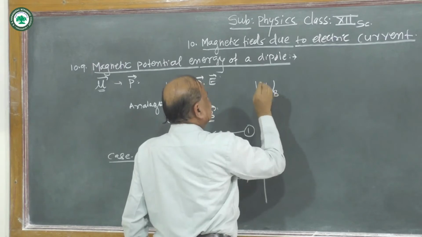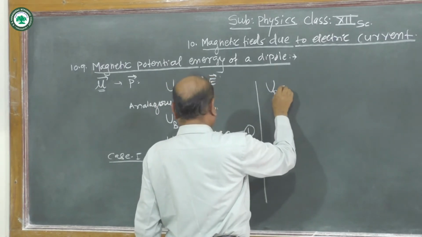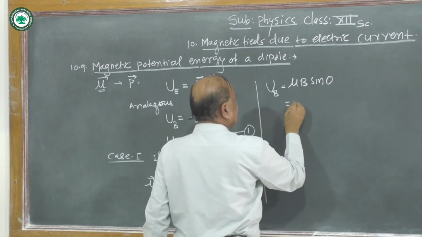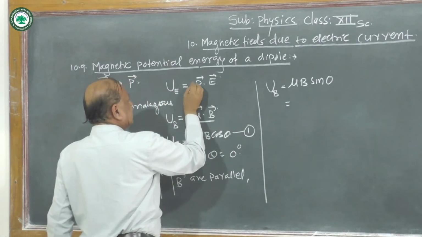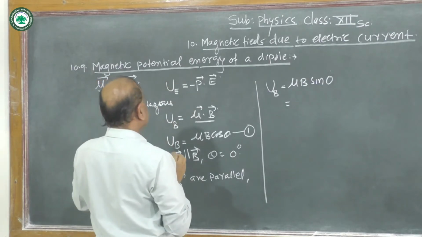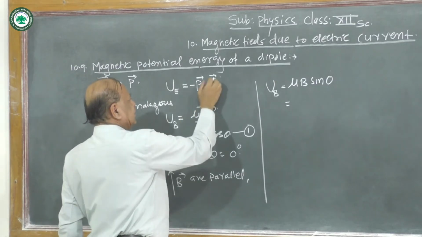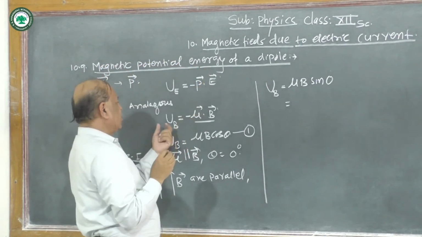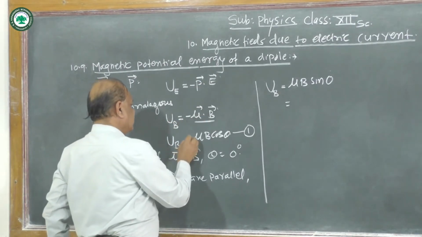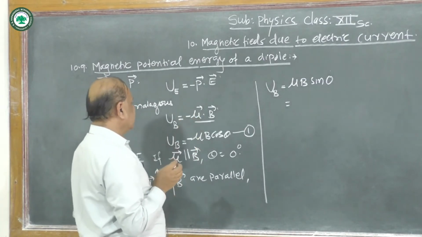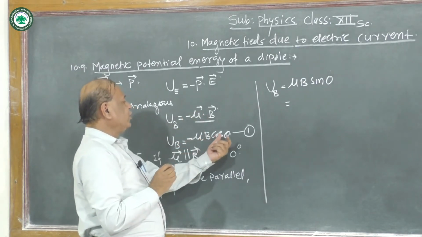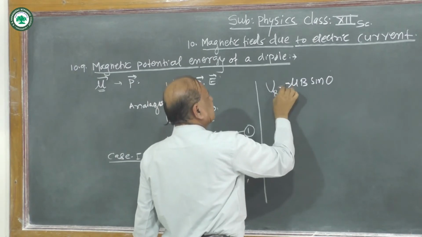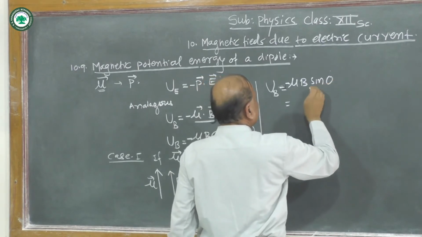Now the magnetic potential energy of a dipole is given by mu B cos theta with a minus sign. In the previous class we saw that the electric potential energy is minus P dot E bar, and therefore analogous to this, the magnetic potential energy of a dipole is minus mu dot B. Solving the scalar product, we get mu B cos theta with a minus sign. Therefore the magnetic potential energy is minus mu B cos 0.